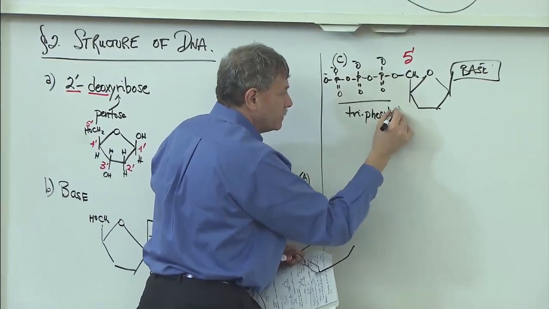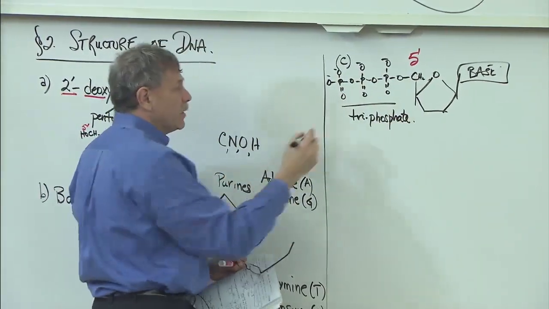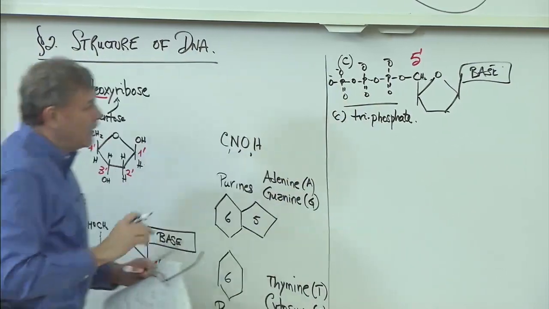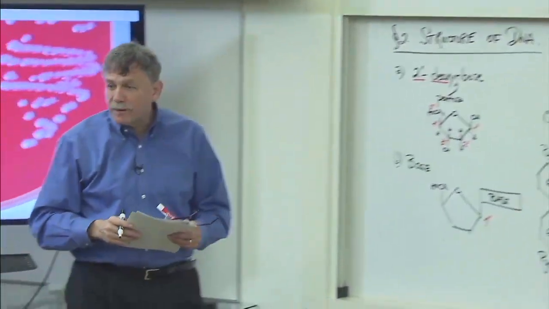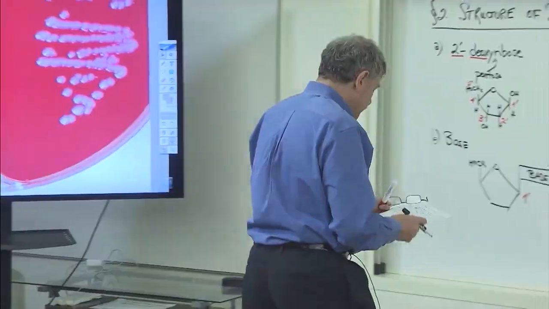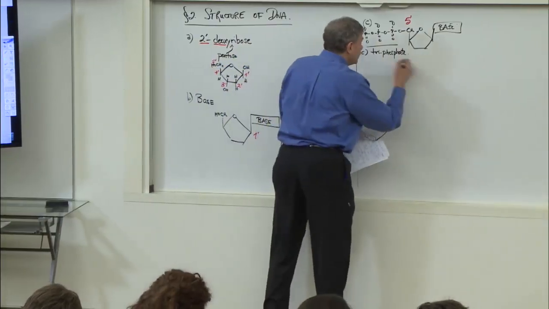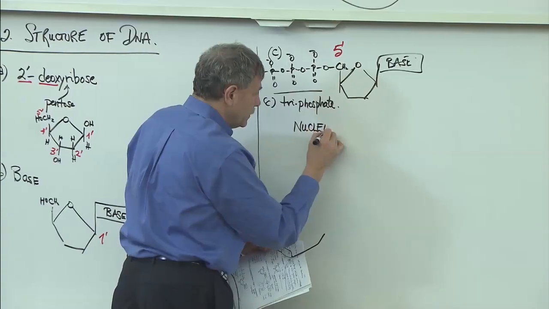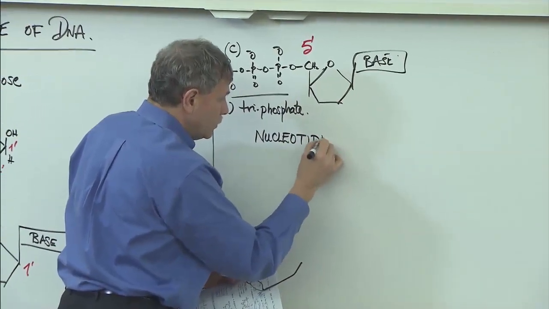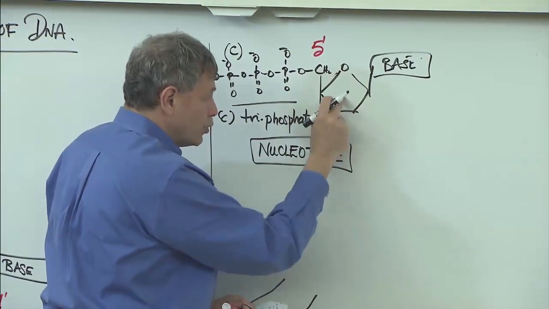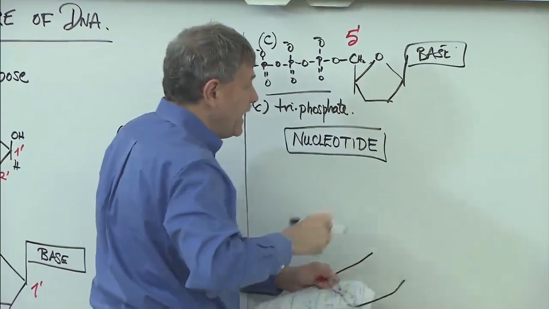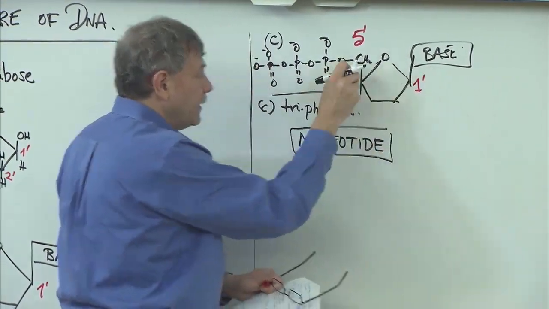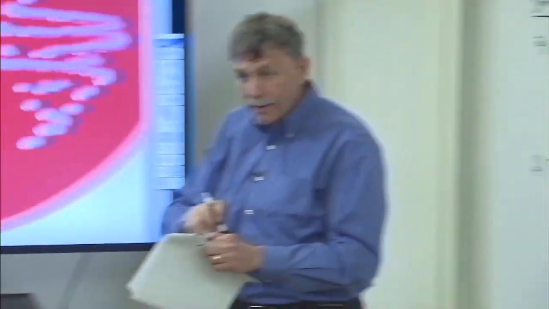Okay, there's our triphosphate. That's it. That's our building block. The whole thing is called a nucleotide, with the sugar, the base hanging off the 1', and the triphosphate hanging off the 5'. That's it. That's our building block for DNA.